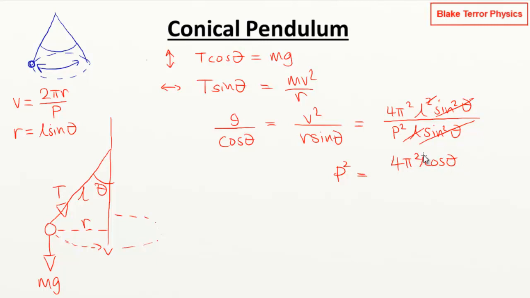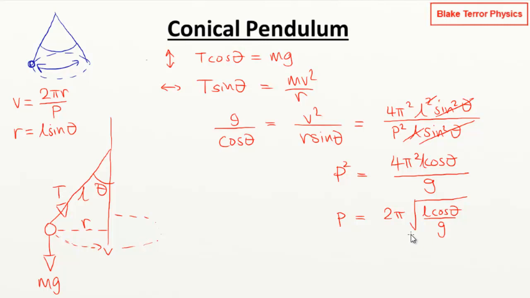So I'll just sneak that L into there, and then divided by G. So P is going to be equal to 2 pi, the square root of L cos theta divided by G.